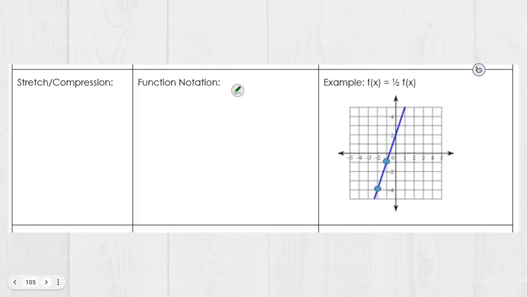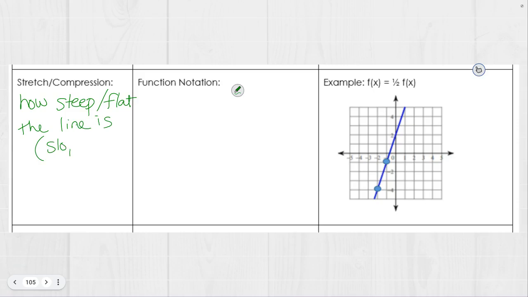All right. Then we have stretch and compression. So this is basically how steep or flat the line is. This is based on your slope. So steep is stretching, compression is flattening out.